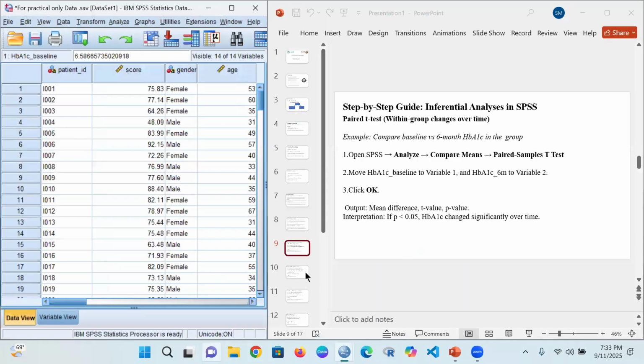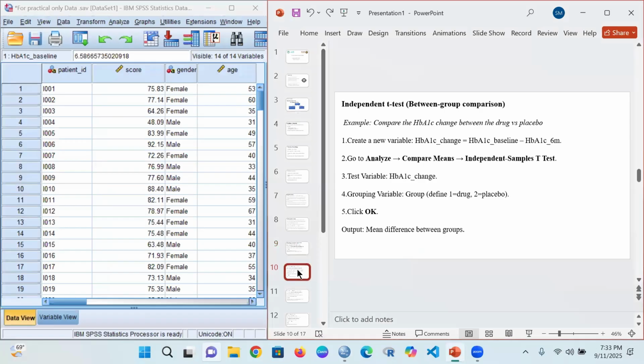So now we'll go to another step of doing an independent t-test. When you want to conduct an independent t-test, we want to check how the HB1C decreased in groups, that is in the placebo and the drug.